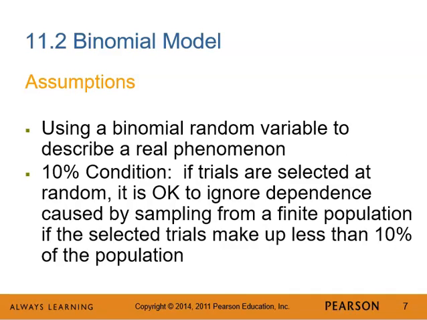If you violate the 10% condition, you will need another random variable called the hypergeometric, introduced in future exercises. But for this course, this is not a requirement, so feel free to study and read exercises 43 and 44 from the book. However, this is just optional, so you don't have to, and there won't be any questions on that in the future.